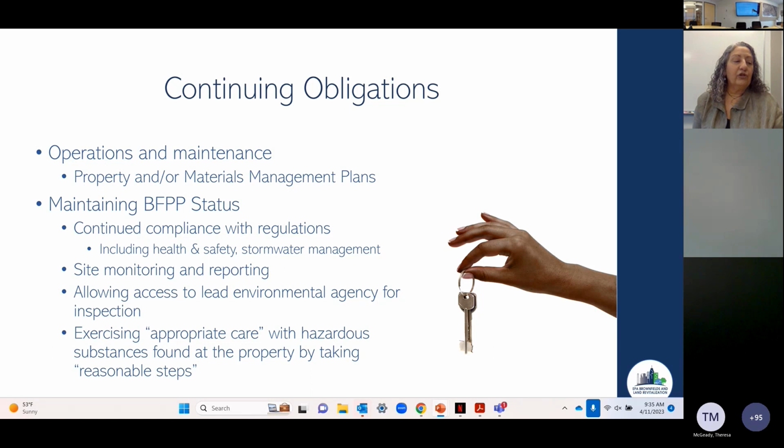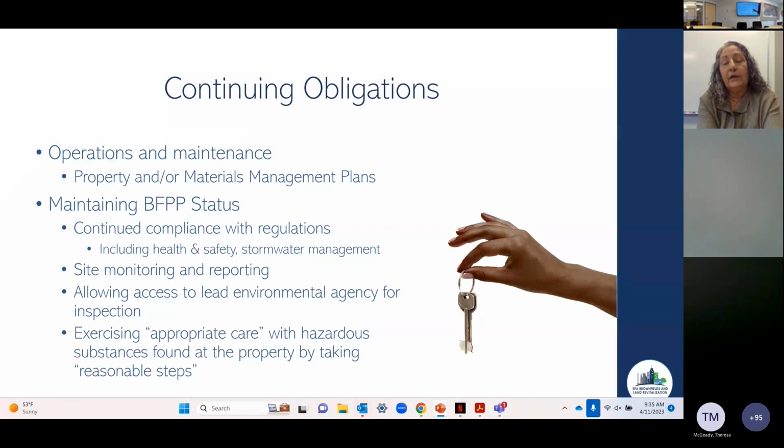It may be operation and maintenance of the property in cases where it's a risk-based cleanup and there's some amount of contamination left in place, or there's some engineering controls. You may find that there's some requirement for affirmative property management or materials management plans for maintenance on the site. That can include, you know, repairs to utilities, installation of new landscaping, installation of a new parking lot or lighting, whatever it is.